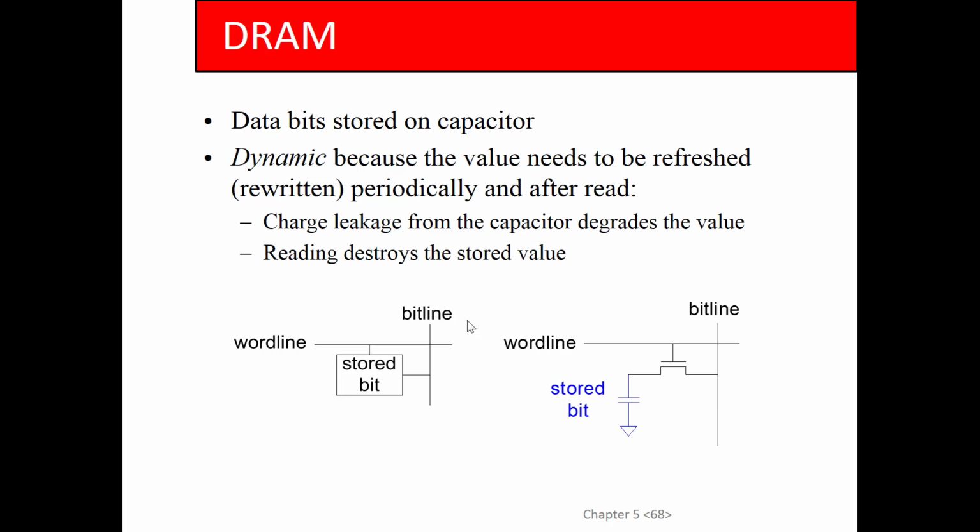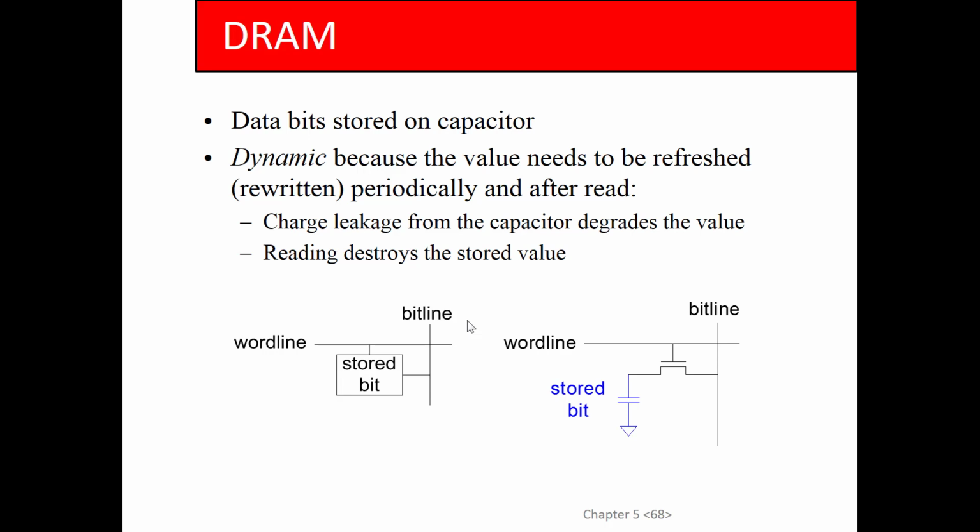So when the word line is 1 for this row, or for this bit, it will connect this capacitor. One side of the capacitor is at ground, and the other side gets connected through this transistor to the bit line. Of course, that'll discharge the capacitor, so it'll destroy whatever charge is in there whenever you do that.